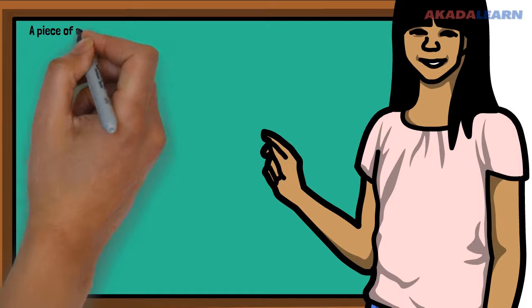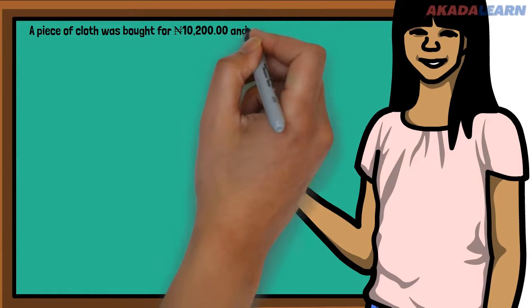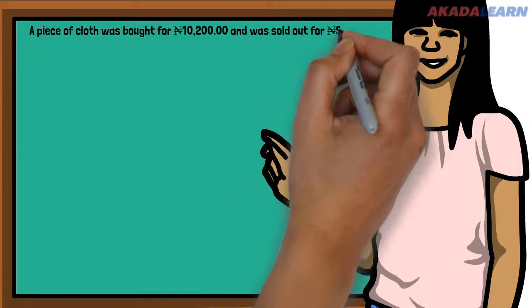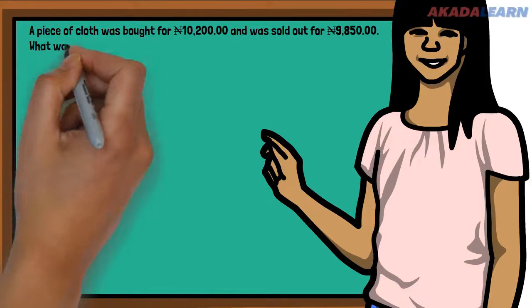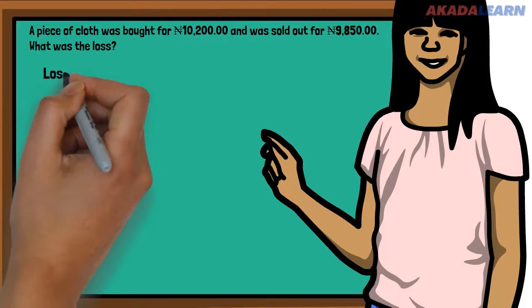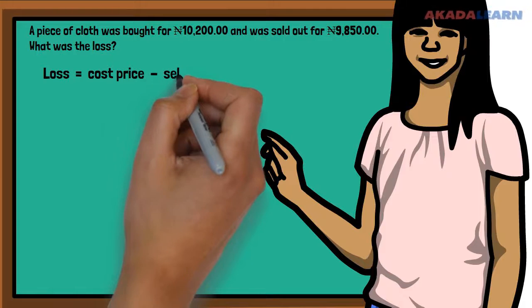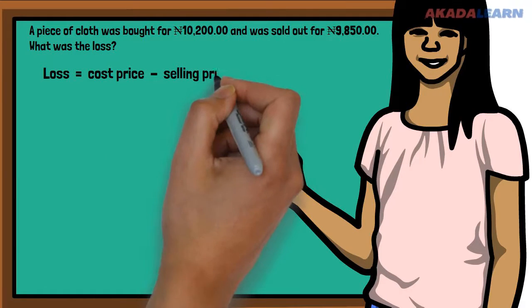Okay, so a piece of cloth was bought for 10,200 naira and was sold for 9,850 naira. What was the loss? So let's begin. Loss is equal to cost price minus selling price.